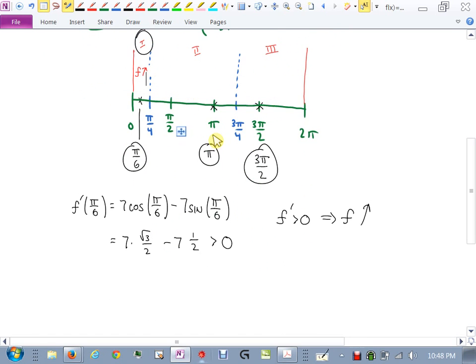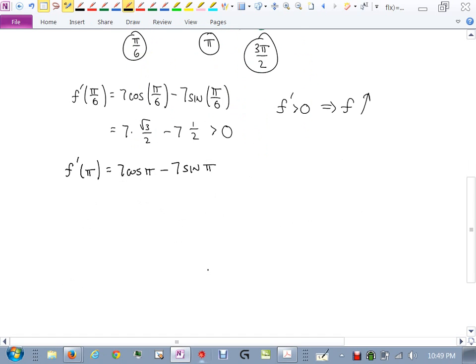I picked pi to use. F prime of pi is 7 cosine pi minus 7 sine pi. Cosine of pi is -1, and then times 7, so that's -7. Sine of pi is 0, so that's just -0.